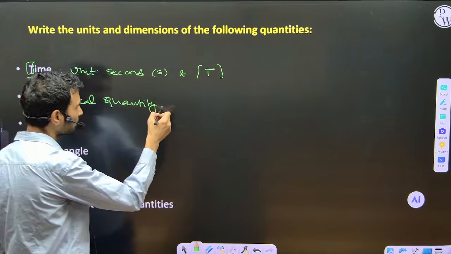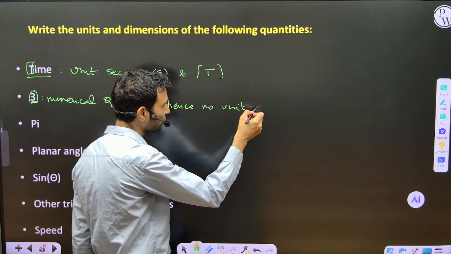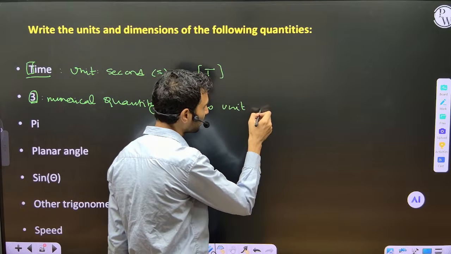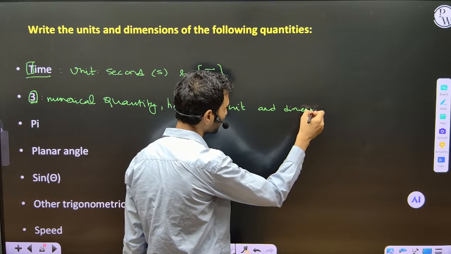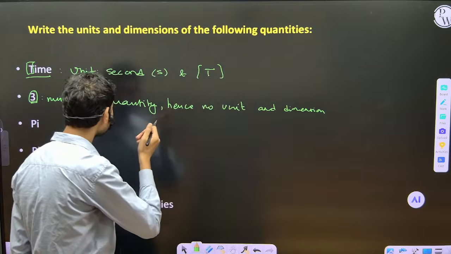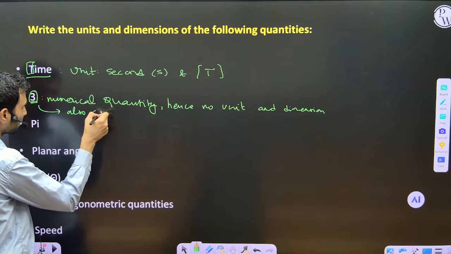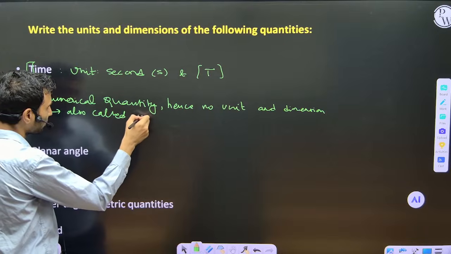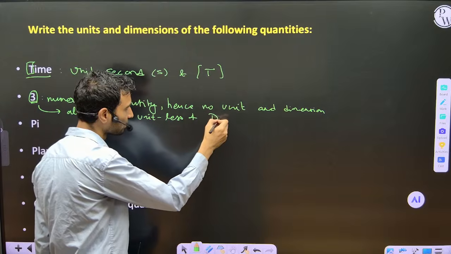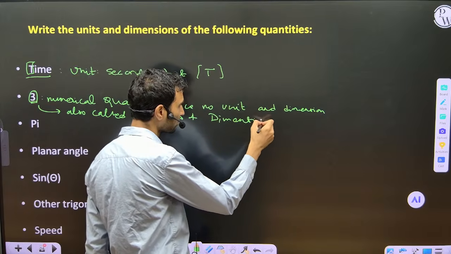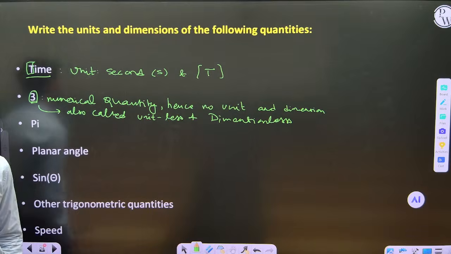And hence no unit and no dimension. Also called unitless and dimensionless, right? No unit, no dimension. Unitless and dimensionless both.